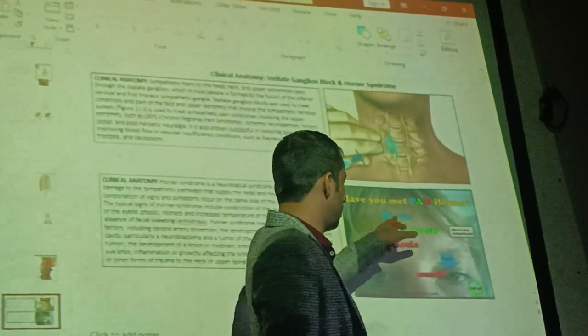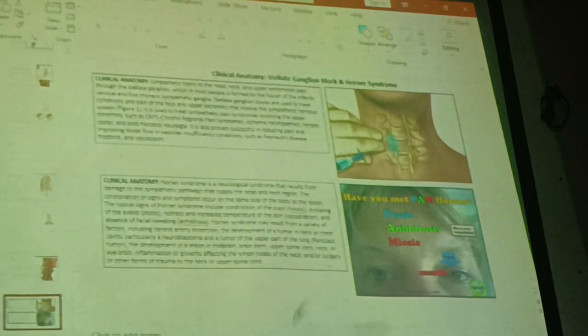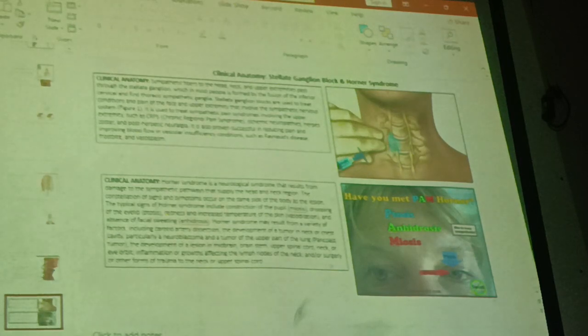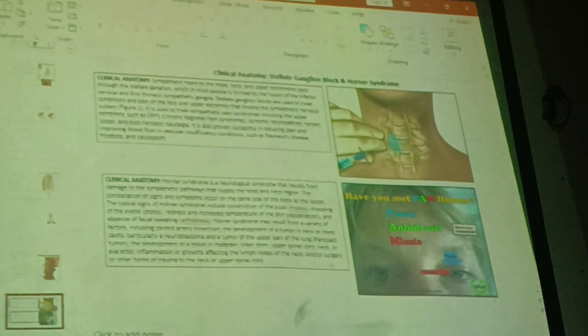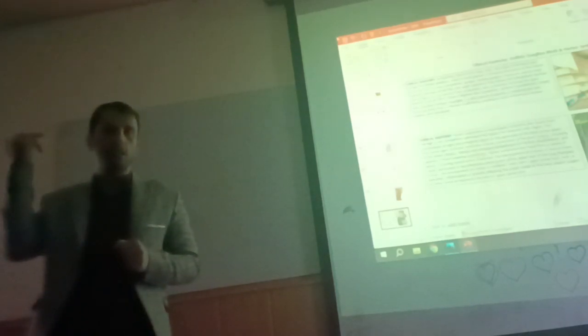Ptosis. Ptosis, because the superior palpebral muscle, which elevates the superior eyelid, is innervated partially by sympathetic fibers. If there is injury to the sympathetic fiber, you have what is named ptosis, depression of the upper eyelid.